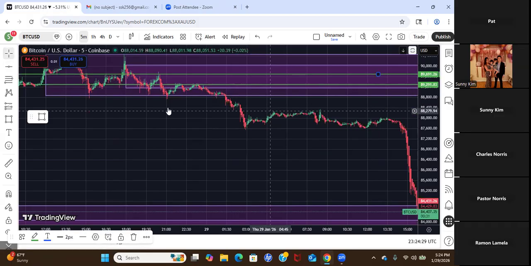Once you mark out your 4 hour and your 1 hour, you go down to the 5 minute and look for the same pattern. The last green before your red are your sell entries, and the last red before your green are your buy entries. I've talked about this for about 15 months in our general sessions, and that's why people are getting it. And now you guys are seeing it again.